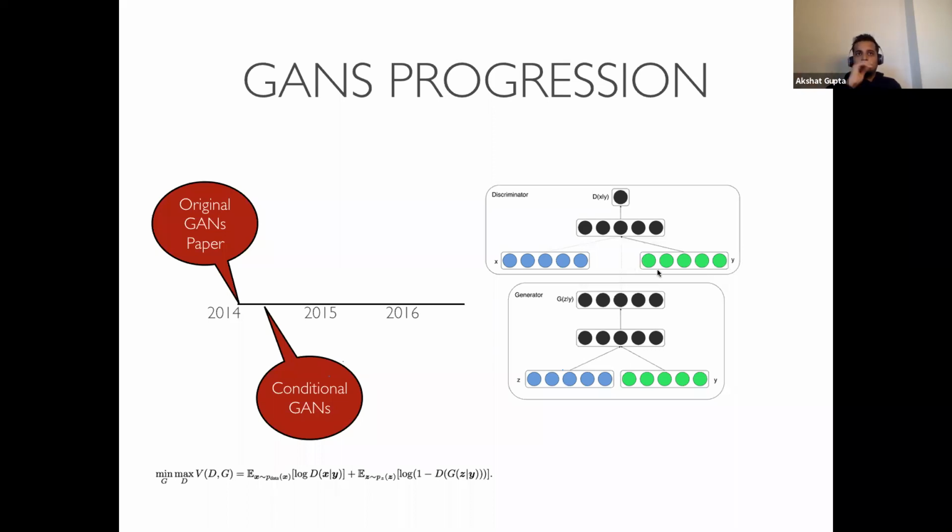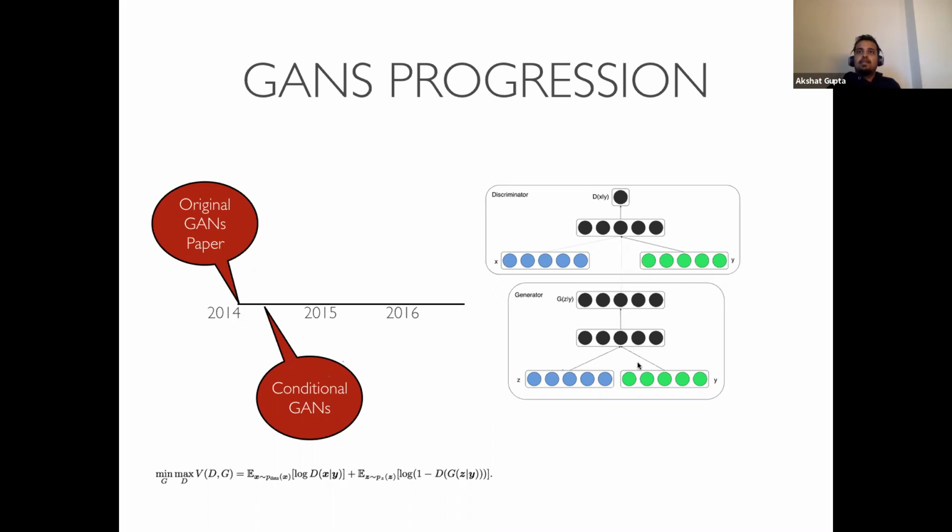There are two formulations of conditional GANs, where two papers came out around the same time. In one paper the conditioning vector was combined with the input and then sent into the network. In the second formulation, this conditioning was done at the output of the discriminator just before making the softmax decision.